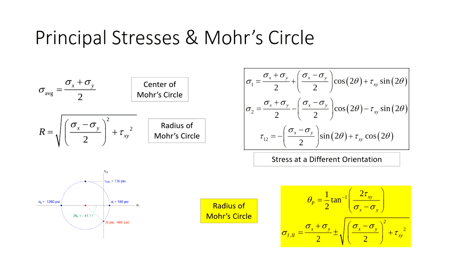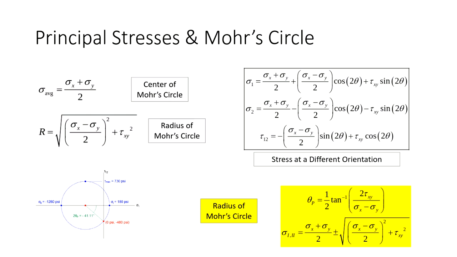Well, if you look at the plot of the circle, we have really two regions that we're interested in. We're interested in the radius of the circle because the highest point on the circle is the maximum shear stress, okay? And the maximum shear stress is equal to the radius, okay?